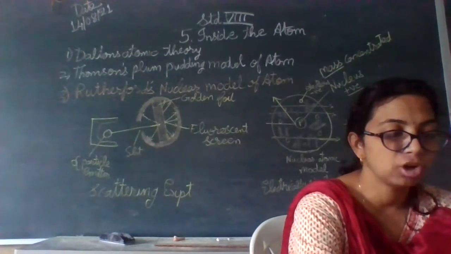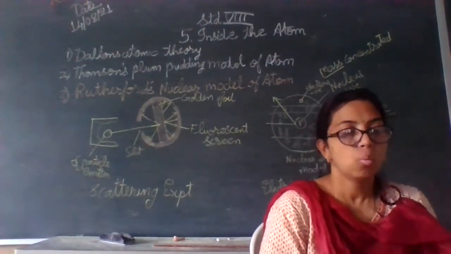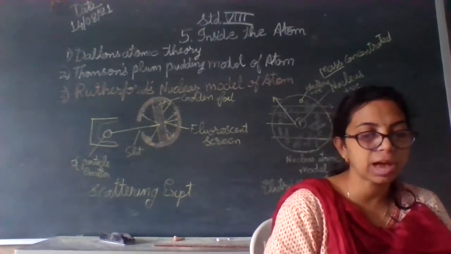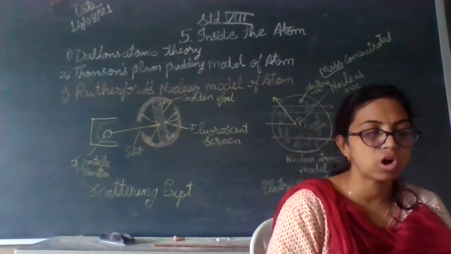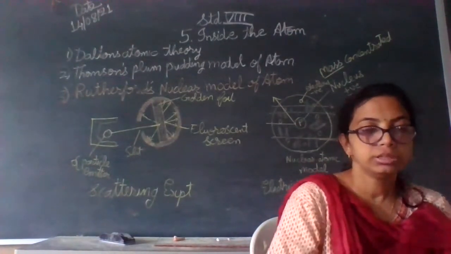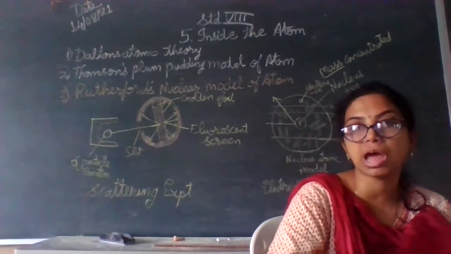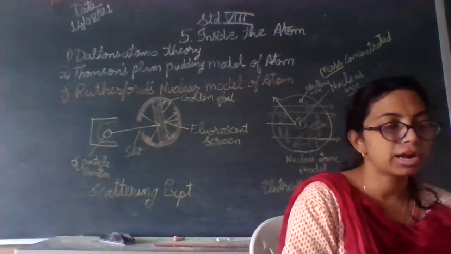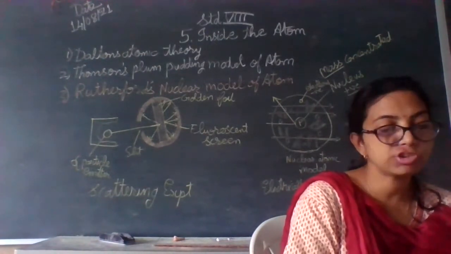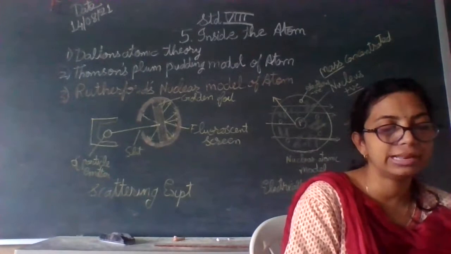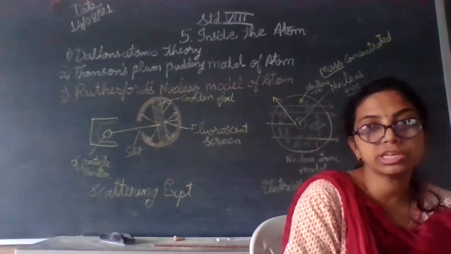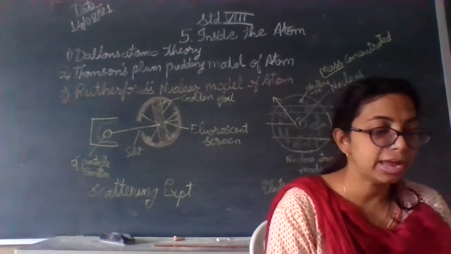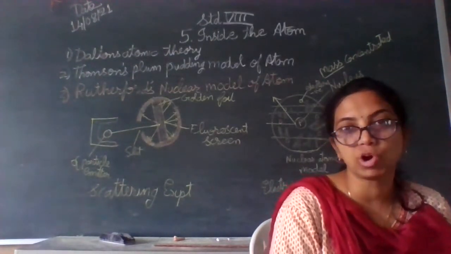This shortcoming of Rutherford's model was then removed by the next scientist, whose name was Niels Bohr. Niels Bohr in the year 1913 could properly explain and extend Rutherford's model, and the shortcoming that Rutherford's model could not explain the stability or instability of an atom was ruled out by Niels Bohr's model.